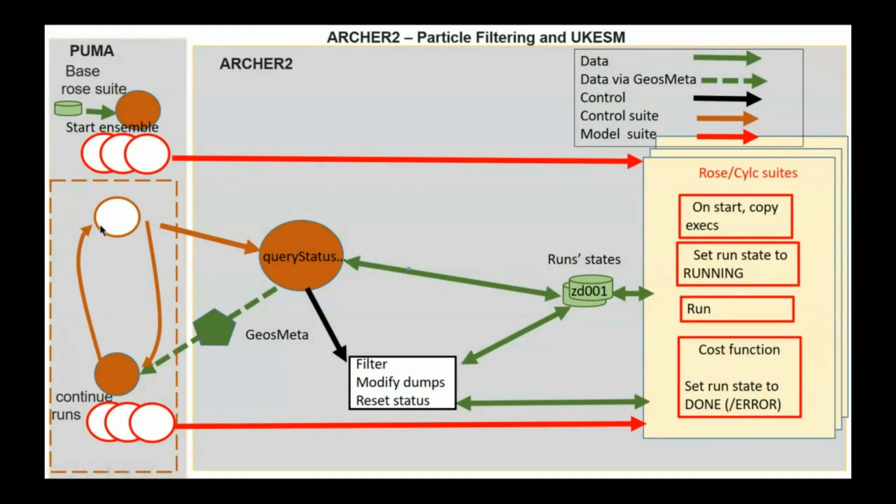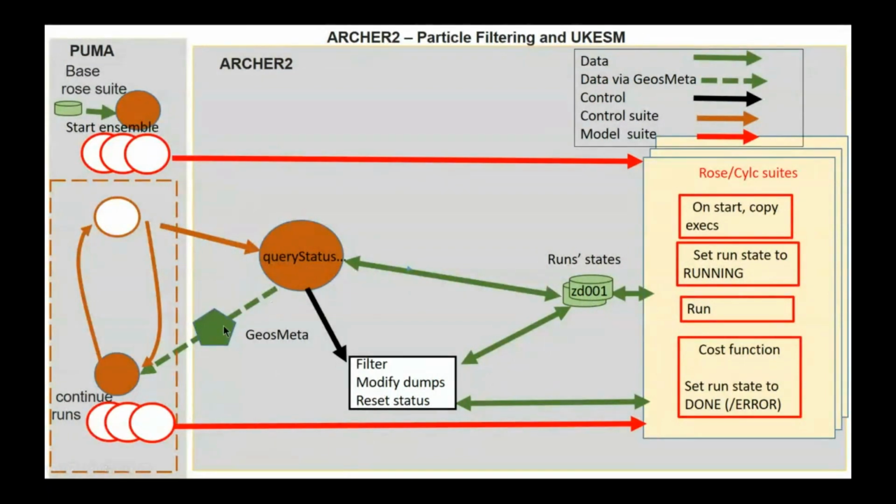So every period this task executes, it checks the run states to see whether all runs are completed. If they are, then the filtering of the particles is done and the dumps are modified for the next set of runs. The status in these directories gets reset so that we don't repeat runs.